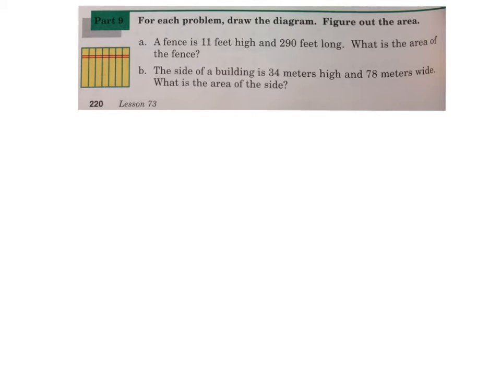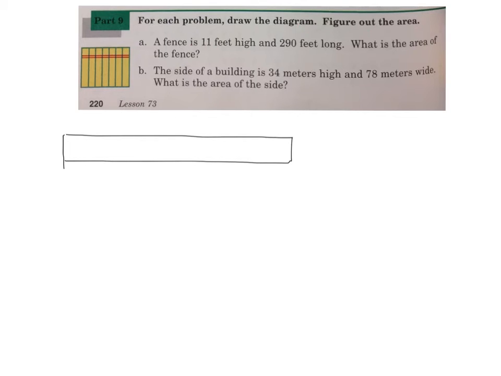One of them is much, much bigger than the other one. So if I know that this is 11 feet high, so I make it that high, 290 feet is going to be much longer. It's not going to be very high, but it's going to be very long. So your diagram should look something like this, because 11 is much, much shorter than 290.